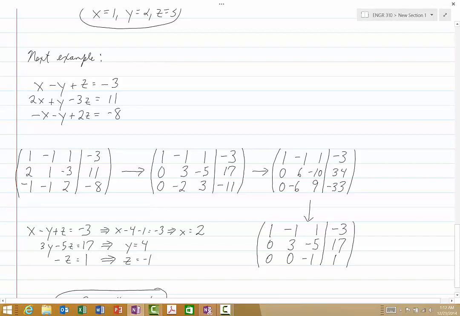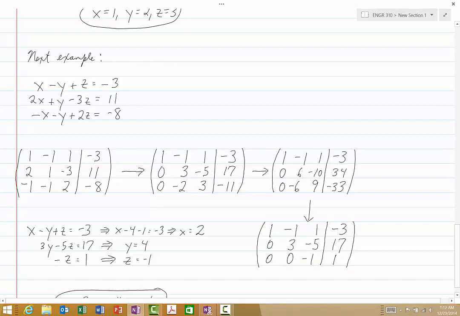I've also added the second row to the third row, and so when I did that, the 0 plus 0 is 0, 6 and negative 6 is 0, negative 10 and 9 is negative 1, and 34 and negative 33 is positive 1. And the last thing I did was to return this second row back to its original form.